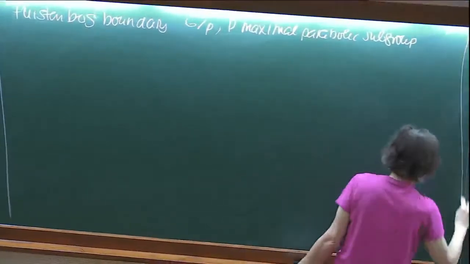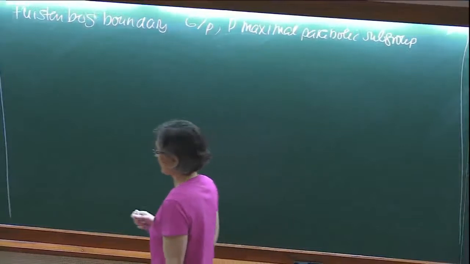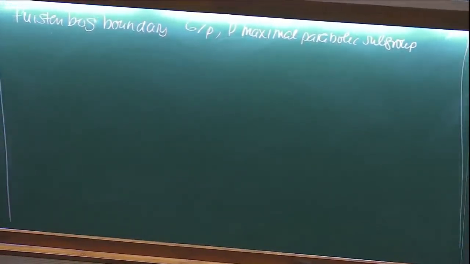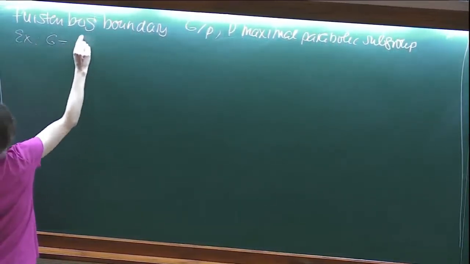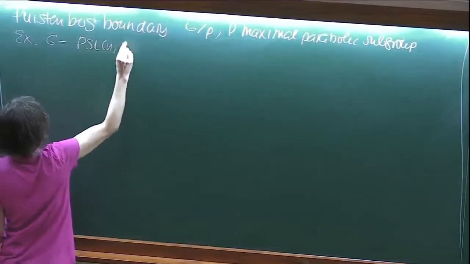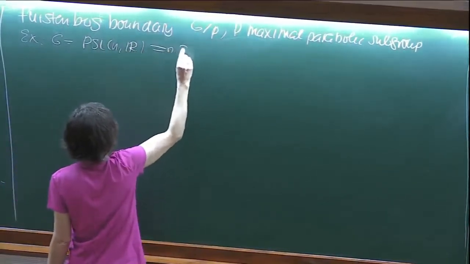Now, in the case that the Lie group is here PSLNR, which is particularly explicit, this is just a space of flags.